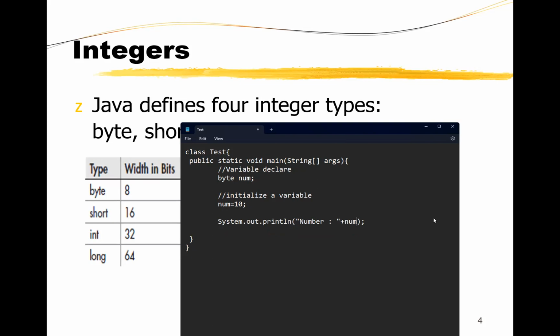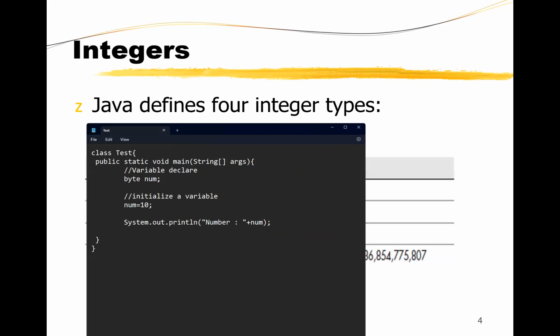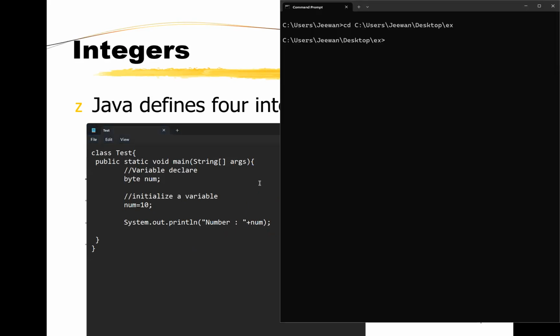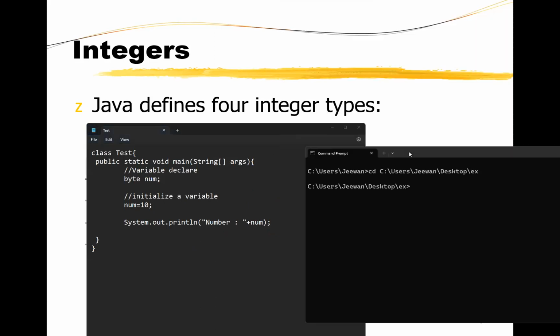Now, that is how you display a value of a variable. Right. Now this will display number 10 because we have assigned 10.